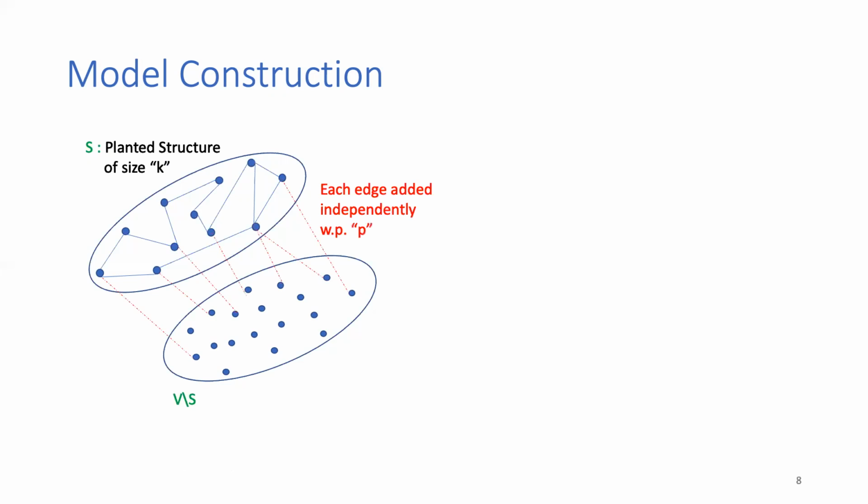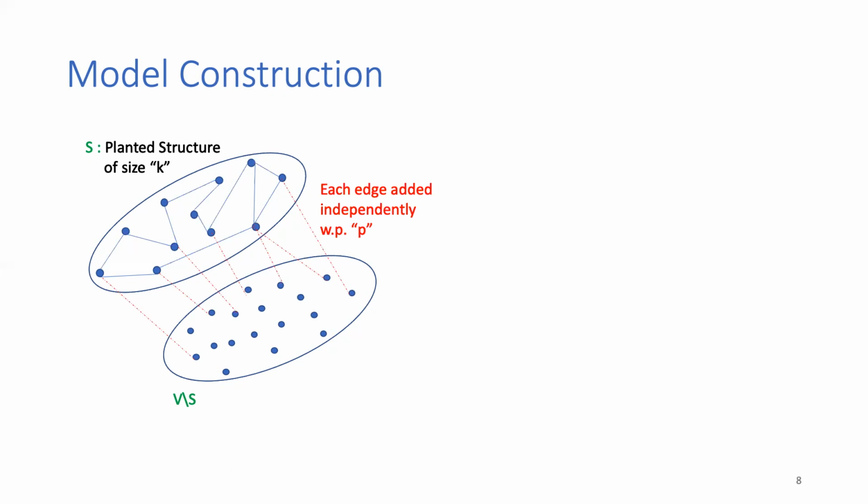So the subgraph S cross V minus S is a random graph. In this graph, each pair in S cross V minus S is added as an edge independently with probability p.